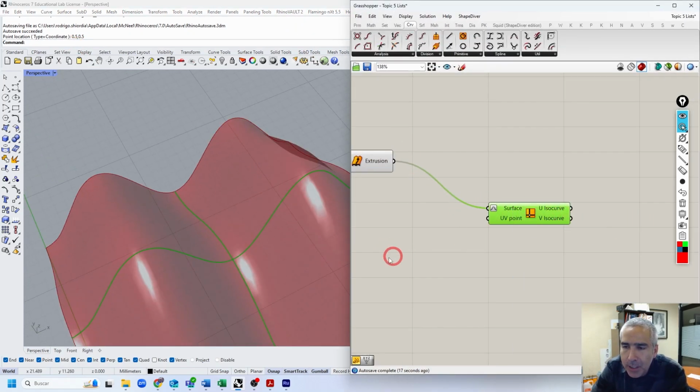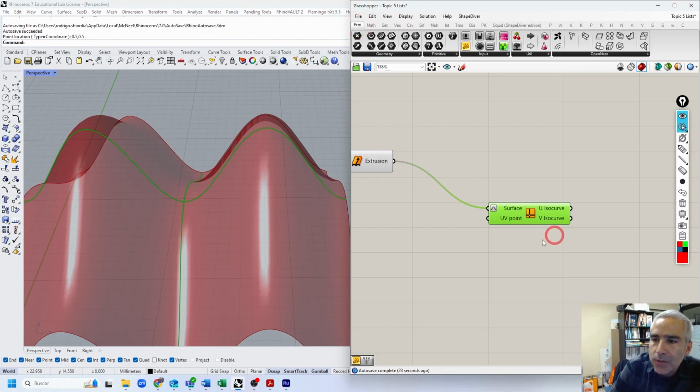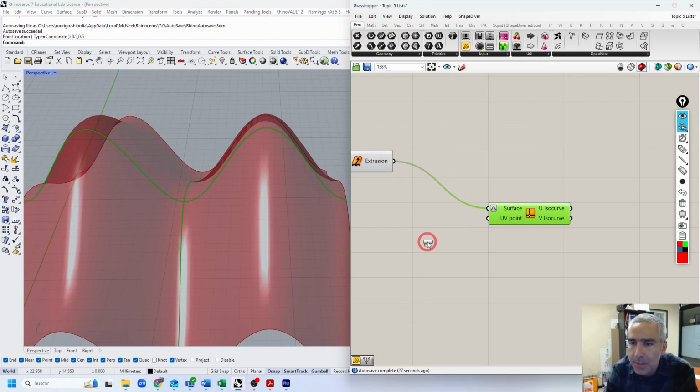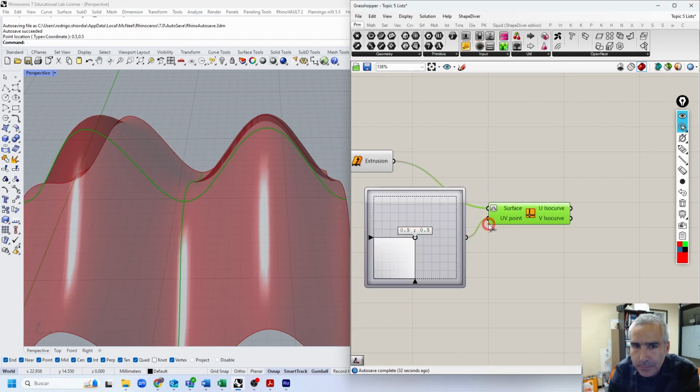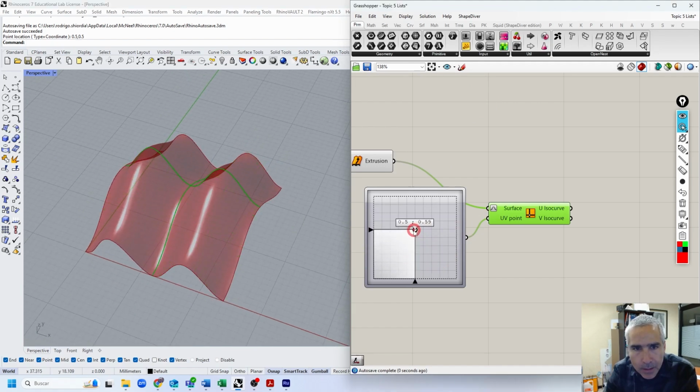So with these isocurves, you can see that it's giving us the U and V isocurves. You can also get that UV point using a bidimensional slider, which is this one right here, MD slider. And you can see that it's changing quite a bit like that.